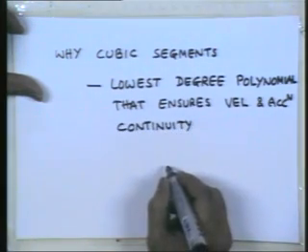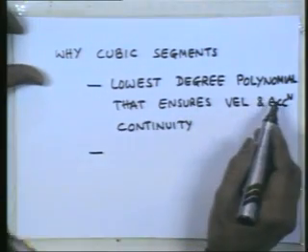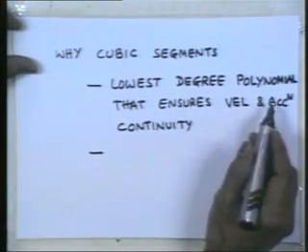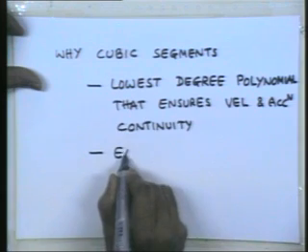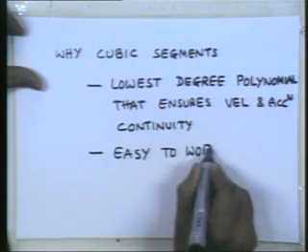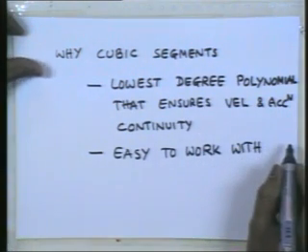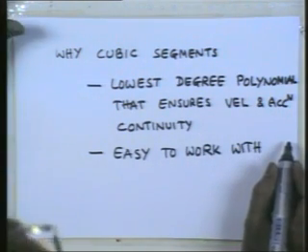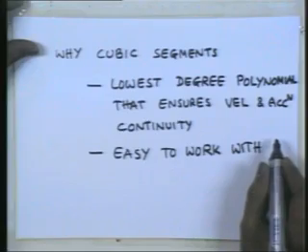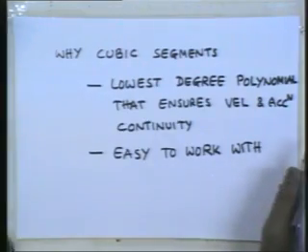So, velocity and acceleration continuity is guaranteed. Okay. Since it is the lowest degree polynomial, it is obviously easy to work with. We have seen how we can determine all the coefficients in a very systematic manner, generating all the equations that are required to obtain all these coefficients. We will be able to fit any such cubic trajectory. Now, is it that we cannot use a higher order polynomial? No, it is not really like that.